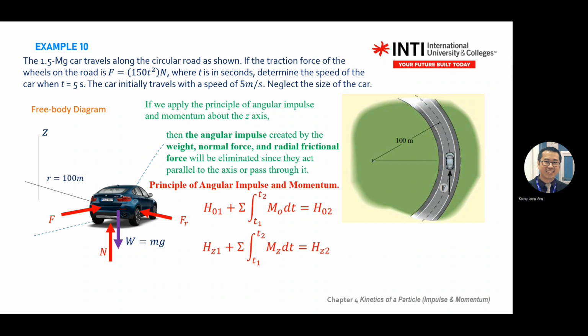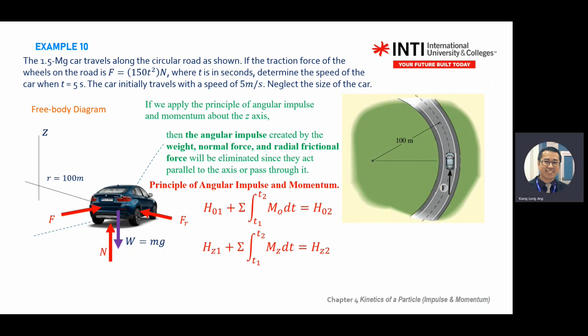So you look at angular momentum about the z-axis, because if you look at this one, your mv is in this direction, right? So r cross mv, what is the direction? What does your right-hand rule tell you?